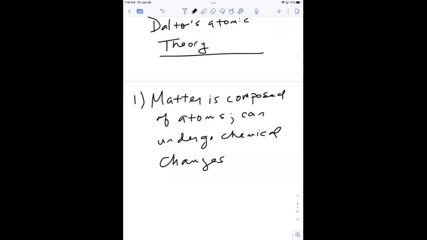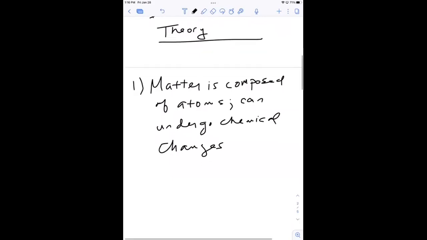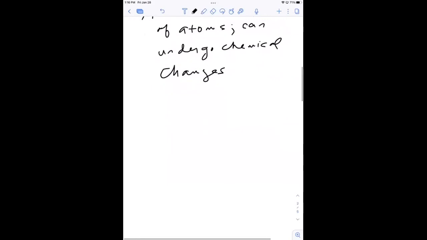So atomic theory, again, is used to explain the behavior of matter. Matter is also exclusively composed of atoms, and the elements where the atoms come from are exclusively composed of specific types of atoms.